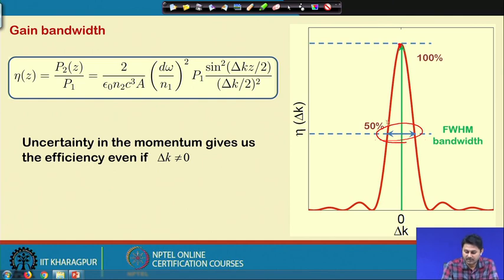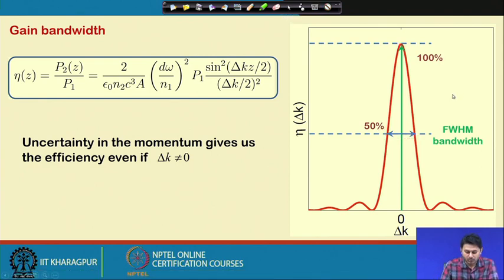This is the maxima, that means the 50% efficiency, and we try to find out what is the width. So, we define full width half maxima in such a way that we have some kind of width of delta k. So, delta k is a width. Here we have some amount of width for which we are getting the efficiency, and this efficiency is around 50% of the main peak efficiency.